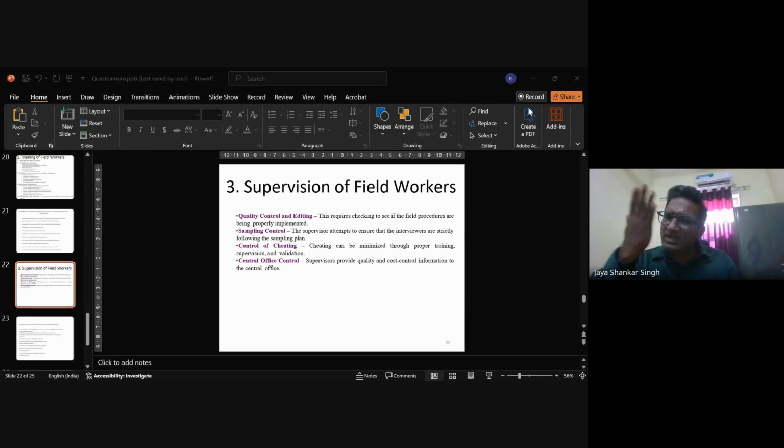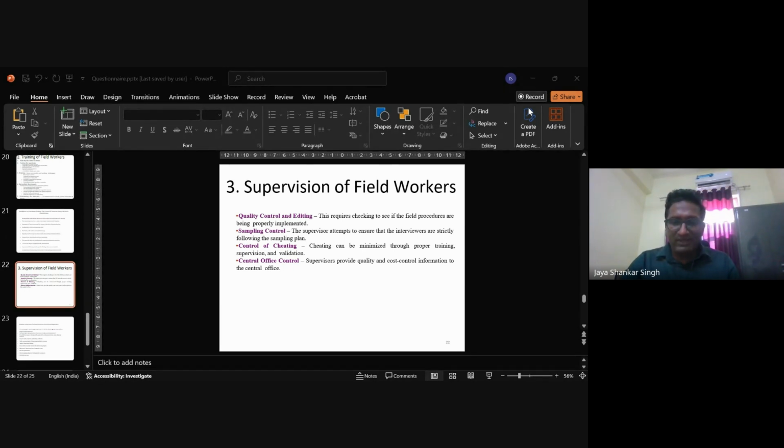So any research, and see, there will be some research problems where you should not be worried about the sampling control. You are doing a convenience sampling. You have a very small research problem. Suppose you are trying to understand the preference of people in a particular community. You very conveniently will go and randomly ask people, कि चलिए ठीक है, these are the issues we are facing, आपका क्या बोलना है?